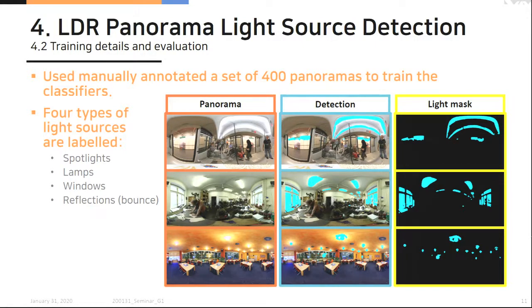After using light classification, they could label 4 types of lights in the image: spotlights, lamps, windows, reflections. But they use classification only to get the light mask, which is the right one, this. So they didn't use the labeled light for any special purpose.